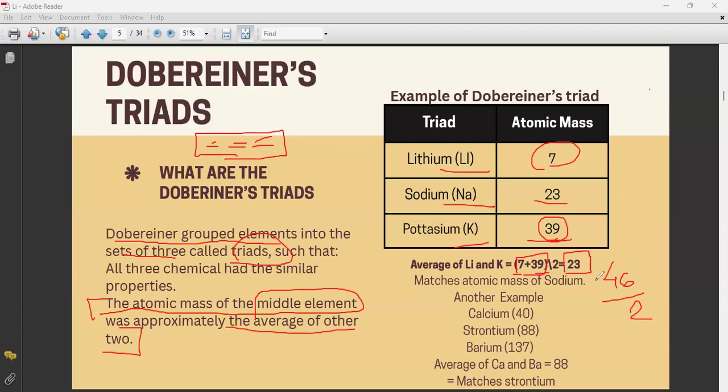When I divide 46 by 2, that gives me 23. So 23 here is the atomic mass of sodium.